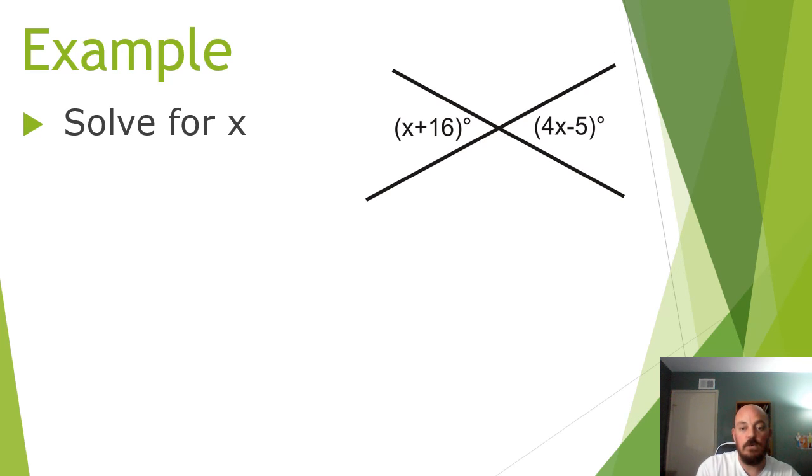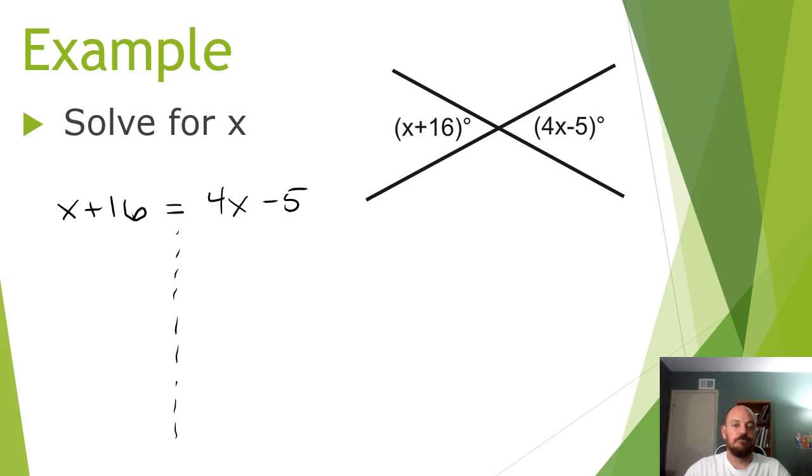So this is the one where how I started the last example and I told you that was wrong. That's actually right for this one. So I'm going to take the first one, which is x plus 16, and I'm going to say since it's a vertical angle, it has to be equal to the second one, 4x minus 5. And we'll solve for x. So I have no common terms this time. I do have x on both sides. I want to get rid of one.